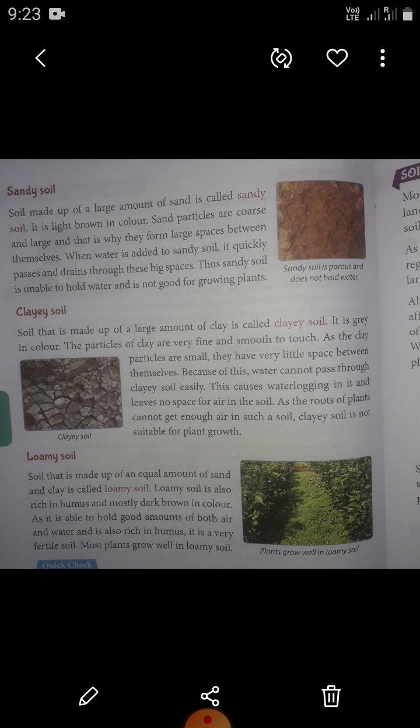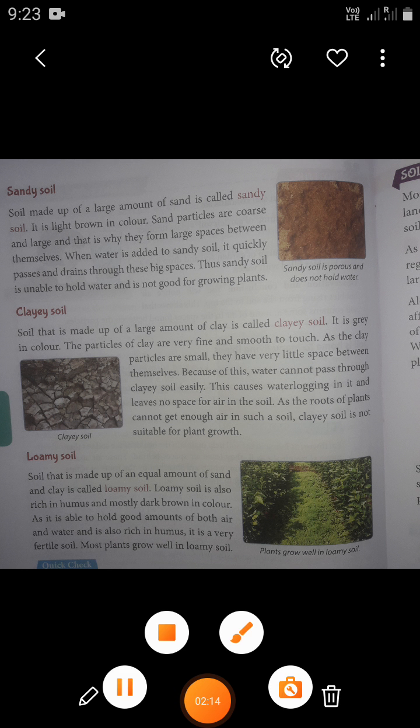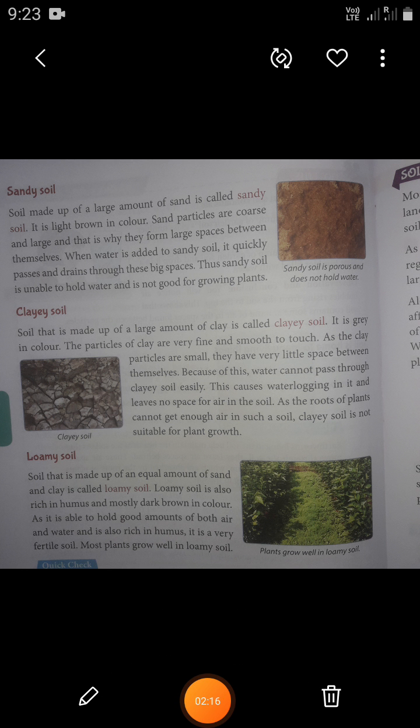Sandy soils are often known as light soils due to their high proportions of sand and little clay. Sand particles are coarse and large. It is light brown in color. These soils have quick water drainage and are easy to work with.